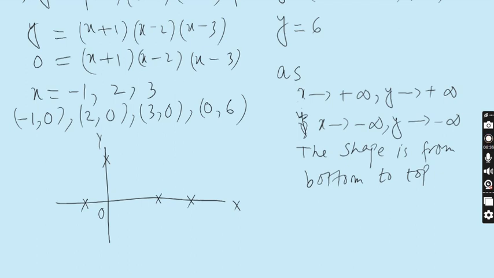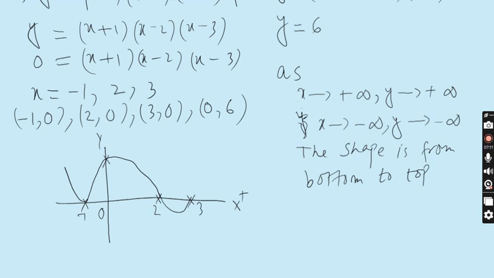Join these points. This is minus 1, this is 2, this is 3.